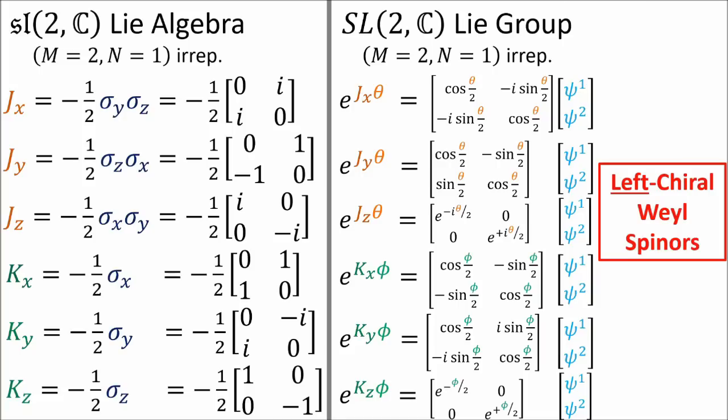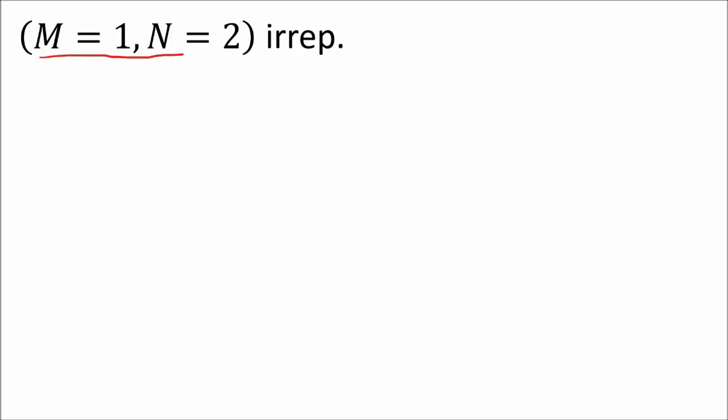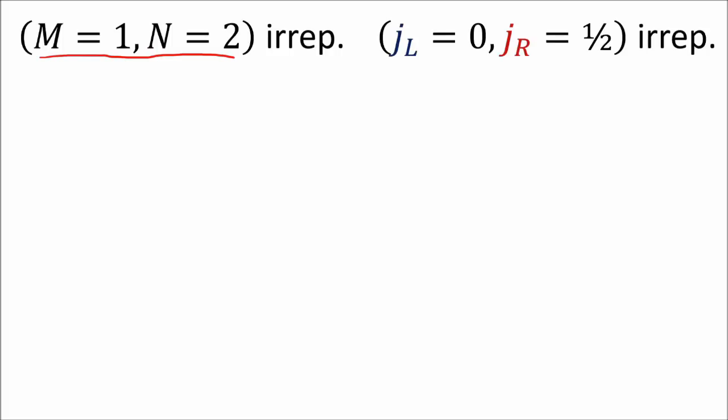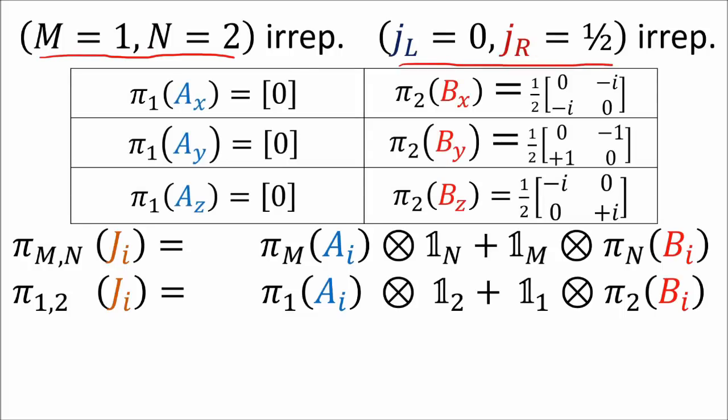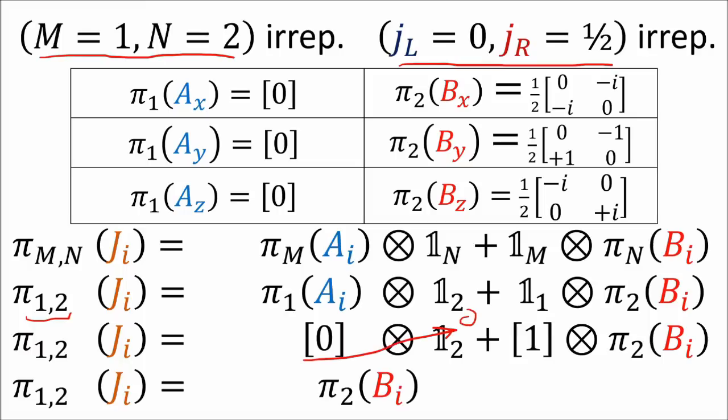Now, this is not the only spin 1/2 representation. We can also look at the m equals 1, n equals 2 irrep. In terms of spins, this is the 0, 1/2 irrep. If we look at the formula for the rotation generators, this time the first term in the sum goes to 0. Once again, we're left with an SU2 representation. This time we're representing the B generators instead of the A generators, but since the A's and B's both denote SU2 generators, this is still the 2x2 SU2 representation.